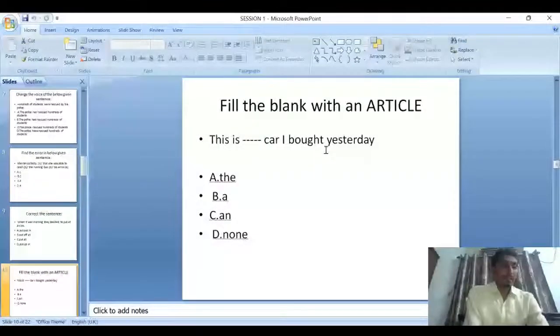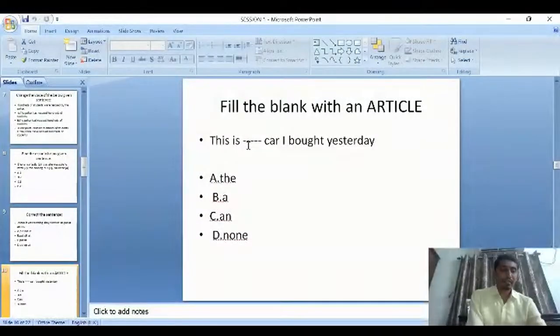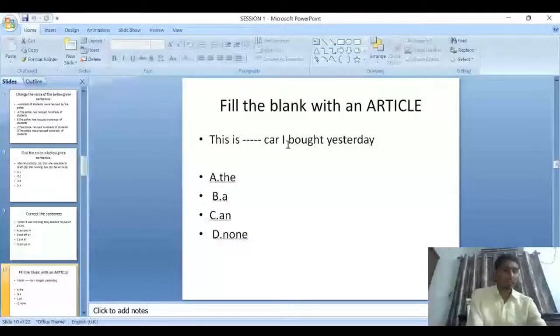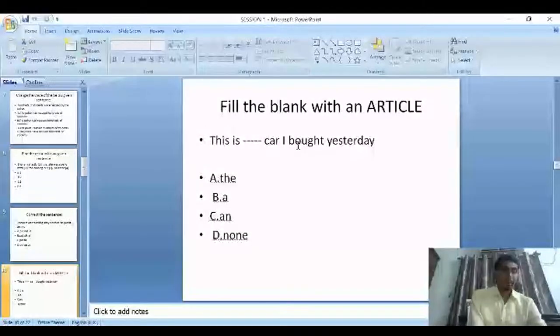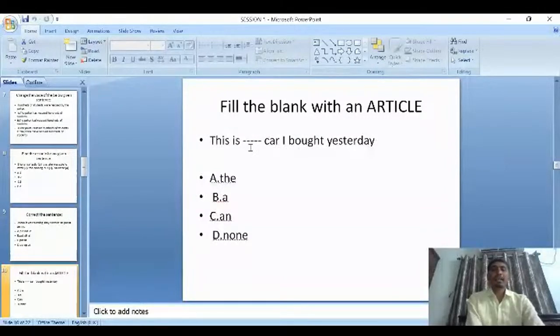Fill in the blank: this is dash car I bought yesterday. Fill the blank with an article: the, a, or none.